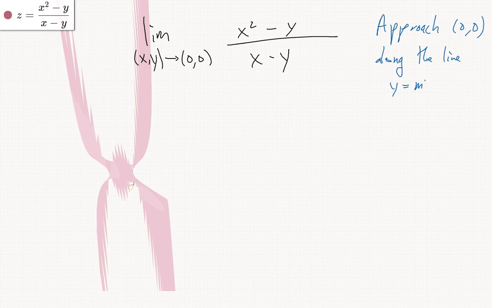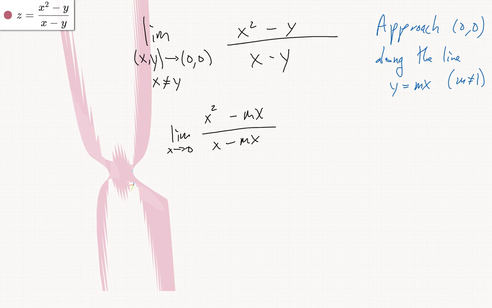y equals mx. And I guess m should not equal 1 in order for this to be well defined. So we need to have x not equal to y. So then we would be looking at the limit as x goes to 0 of (x squared minus mx) over (x minus mx).